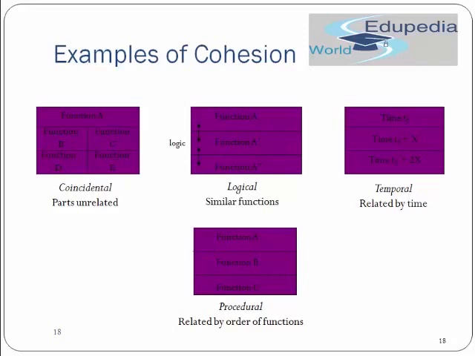Rather, if you are reading from some files, then function A is called to open a file, function B is to read from the file, and function C is to make some changes. So finally the goal is to update that file, and these functions are helping us. These functions should be related in a way to perform the functionality that you want to achieve.